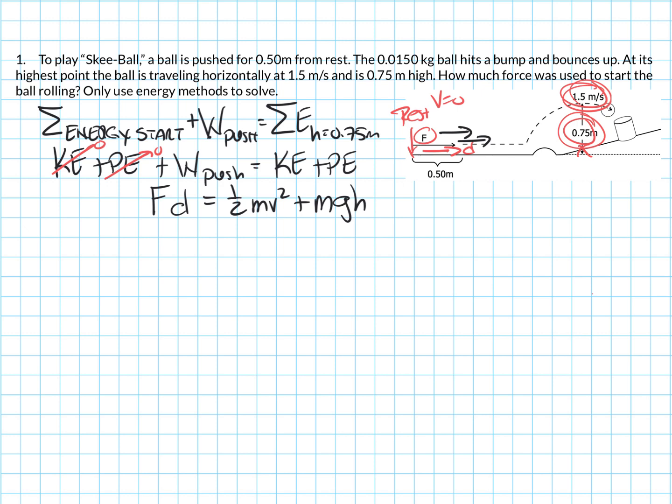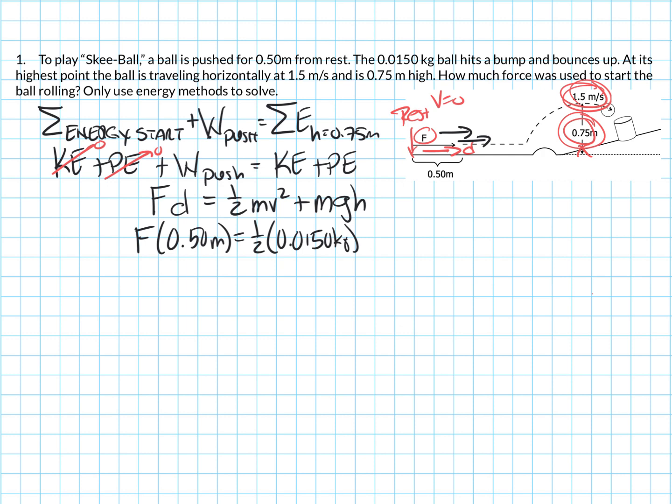All right, let's throw in my numbers. I'm looking for the force, that's going to be my unknown. Force times the distance, 1/2 meter, 0.50 meters, equals 1/2 the mass, 0.0150 kilograms, times velocity squared. Let me replace that with the right number.